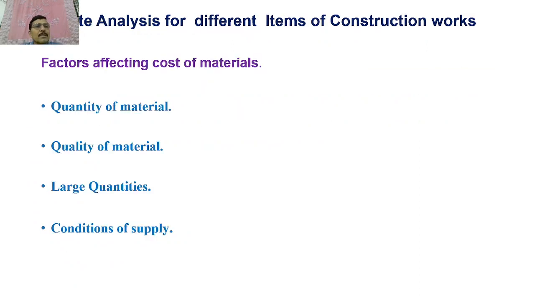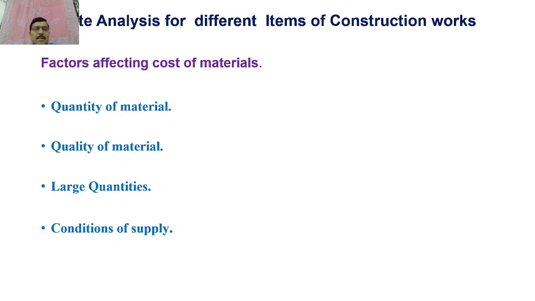Now let us look at the factors affecting cost of materials. These factors are quantity of material, quality of material, large quantities. If material is purchased in large quantities, we will get the material at a cheaper rate, and if we purchase material in small quantities, the cheaper rate will not be available to us.